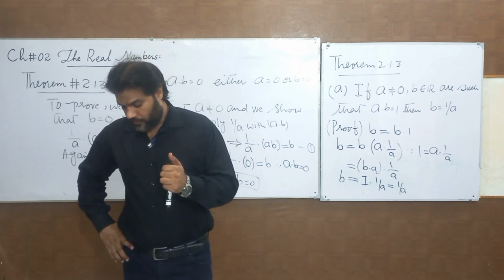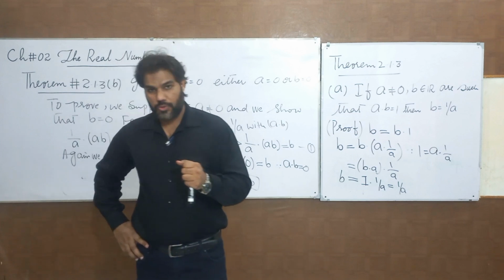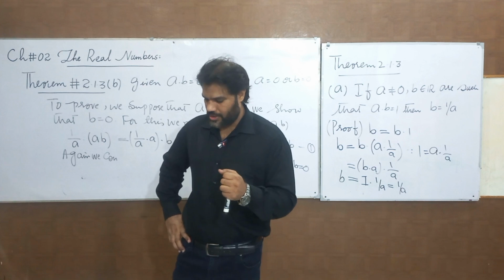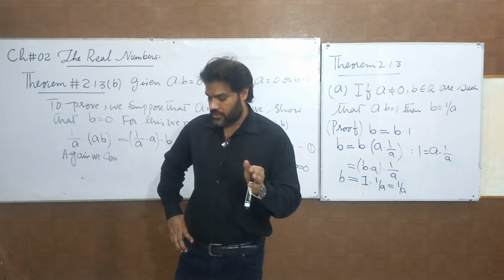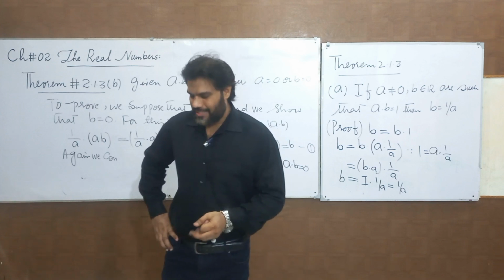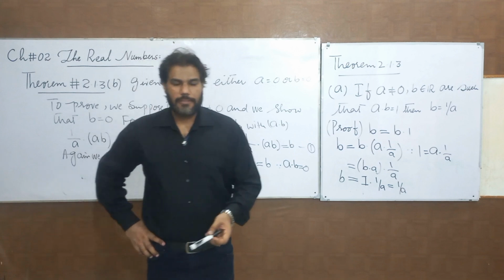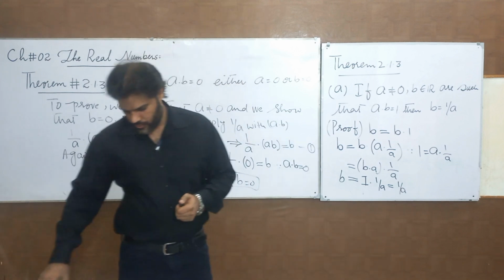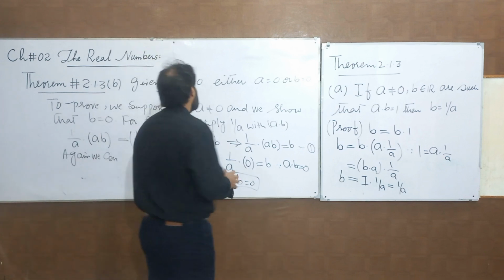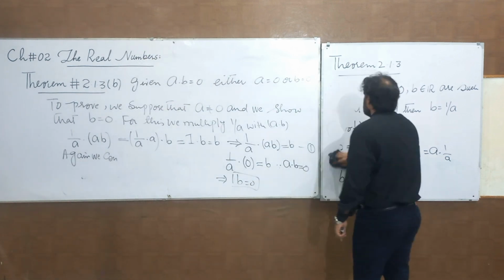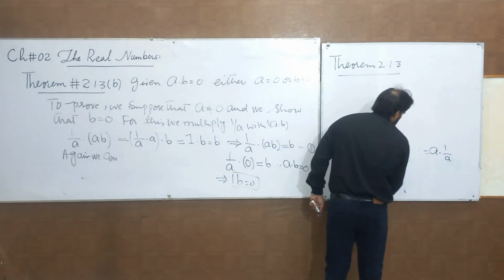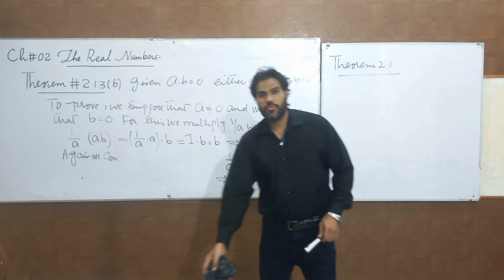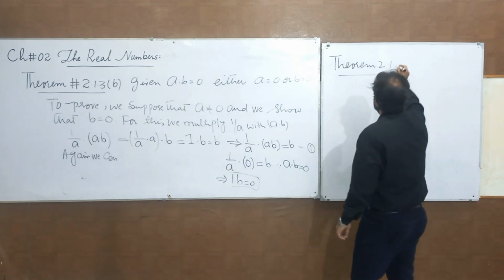Theorem 2.1.4. In this theorem, we have to show there does not exist a rational number r such that r square is equal to 2. That is, there is no rational number r whose square is 2.